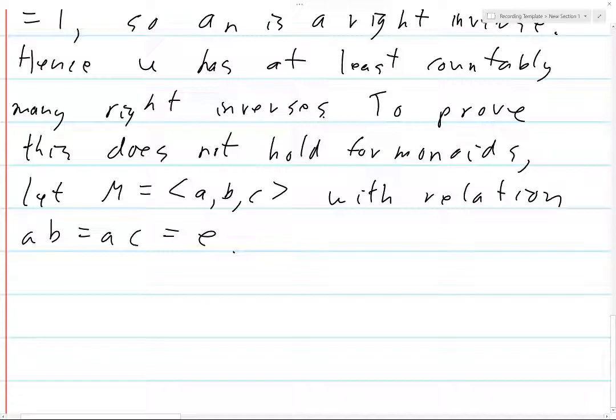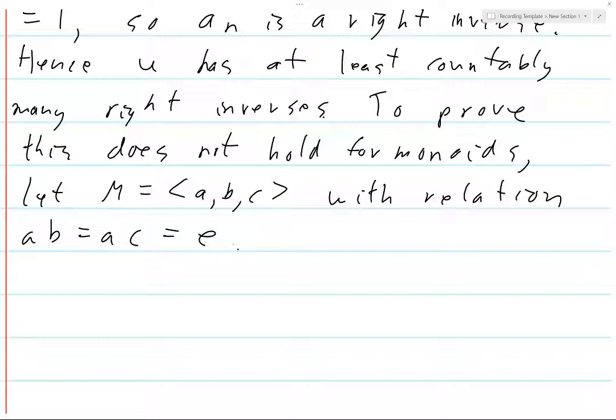So M basically consists of words of finite length in the letters a, b, and c, but the words are such that the sequences ab and ac do not appear in them. If you look at the sequence of letters in a word in M, you cannot find an a followed by a b, and you cannot find an a followed by a c, because it would just be the identity, and they would not be included.